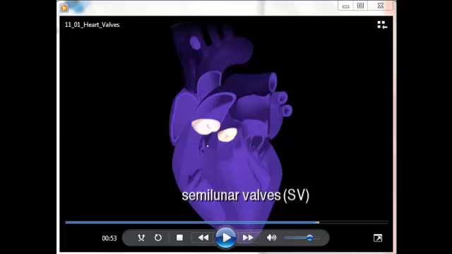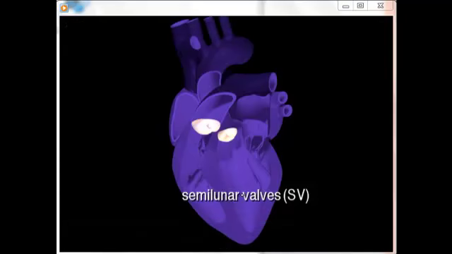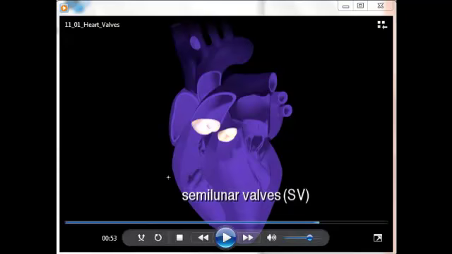If something happens to your valves, you are going to start having some backflow. If they're leaky or something like that, that's going to cause the heart to have to work harder, and that can lead to fatigue and eventually possibly an infarction, or a myocardial infarction, what we know as a heart attack. And so we want to make sure that these valves are functioning correctly.